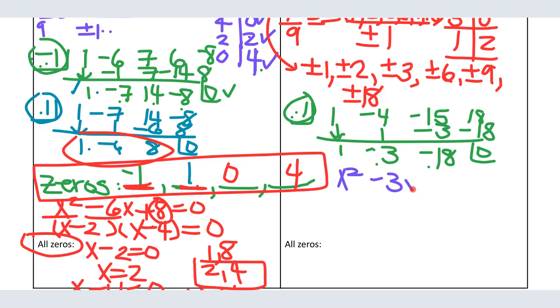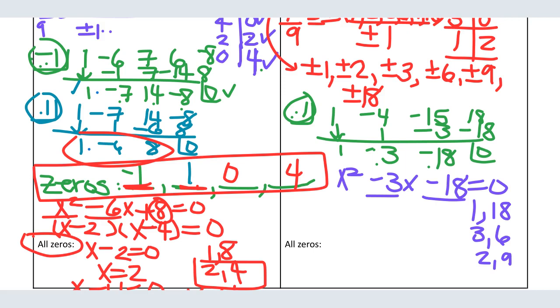And if you're not sure on factoring, you can use the quadratic formula. You need a product of negative 18, so 1 and 18, 3 and 6, 2 and 9. But we need a difference of 3. The only one that gives us a difference of 3 is 3 and 6. 3 minus 6 is negative 3.